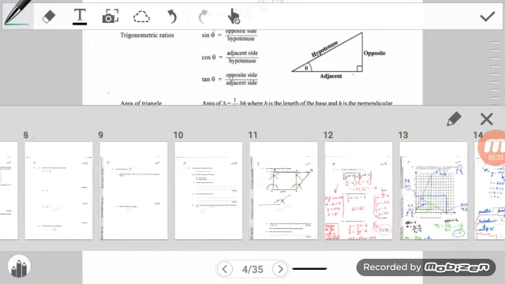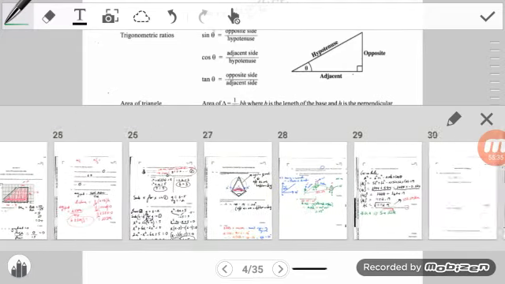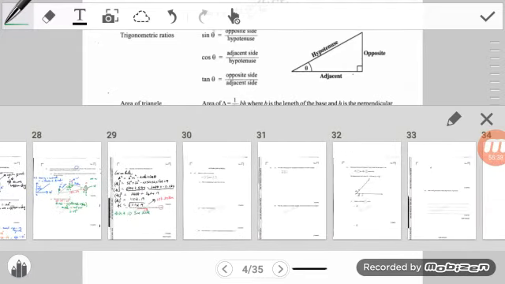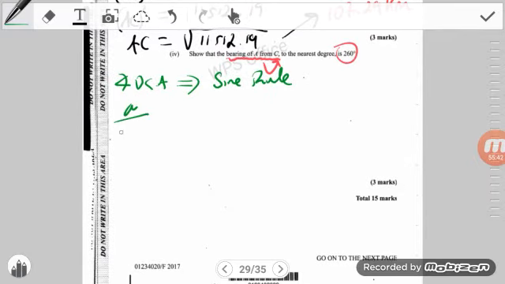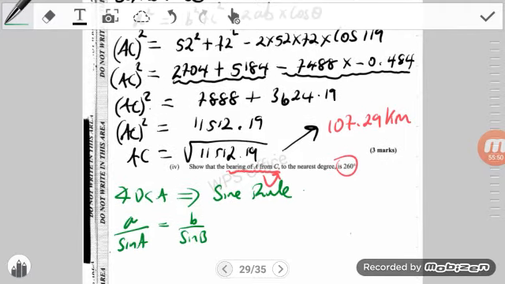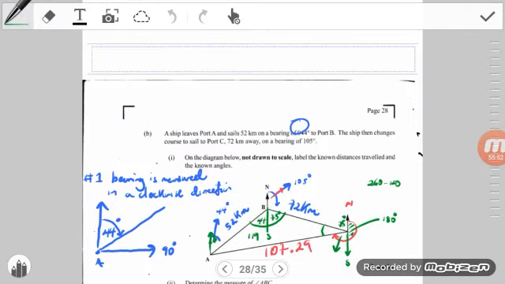So let's do that. So little a over the sine of the angle facing A is equal to little b over the sine of the angle facing B. So I'm going to call one of my sides little a. What side am I going to call little a?